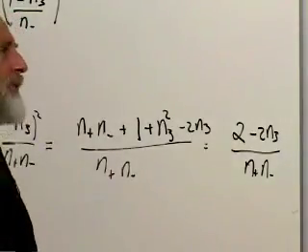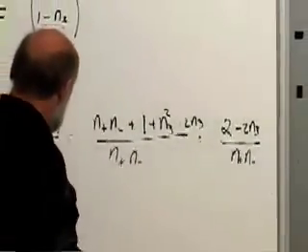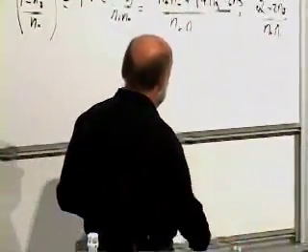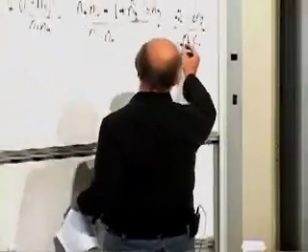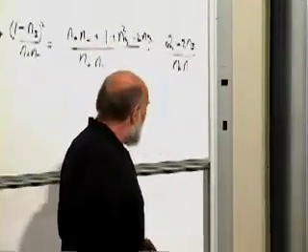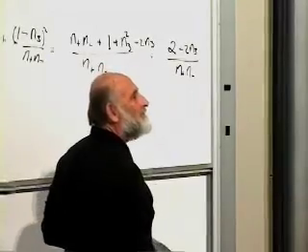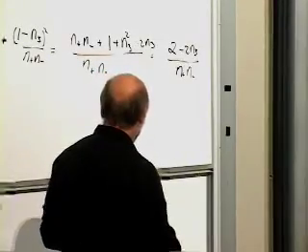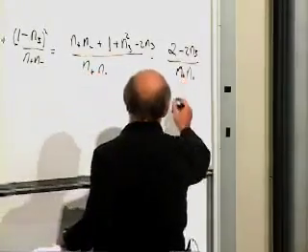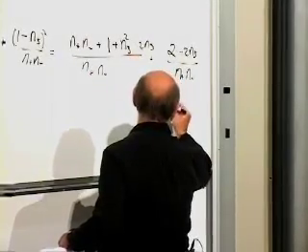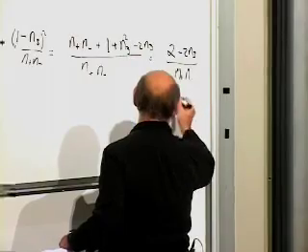Can simplify it a little bit further. Yeah, this is 1 minus n3 squared downstairs. I'm not going to do all the algebra. Yeah, so first of all, there's a 2 outside. Then there's a 1 minus n3 in the numerator.